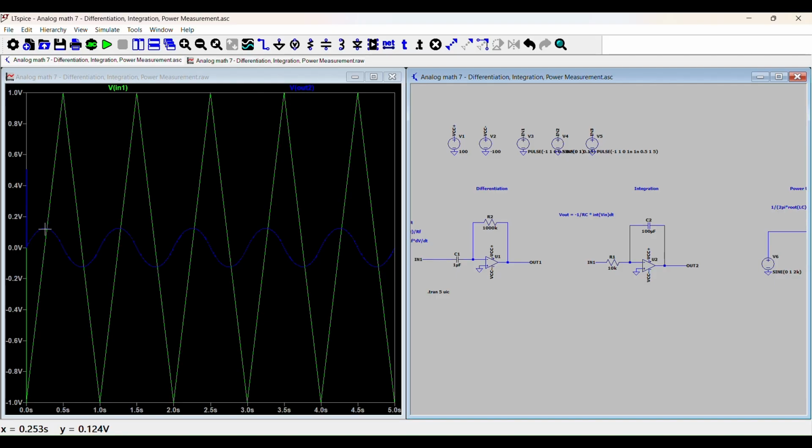And one interesting thing is, why does the integral of a triangle wave look like a sine wave? That's very strange. The reason is because lines are y equals mx plus c, so the x-axis is to the power of 1, and if you integrate that, you get something to the power of 2.